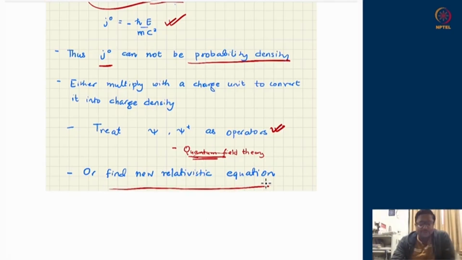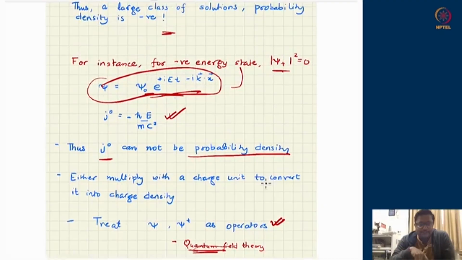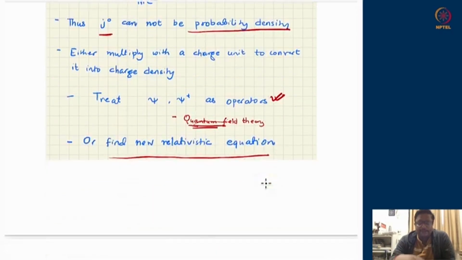So the problem, as we saw, came about from the negative sign of E, and the negative sign of E was coming precisely because E square was something else, which was coming from the double derivative structure of del t. That gave me an E square kind of equation. If we have a single derivative equation, probably then we will be safe and we will get a correct probability density and other things. That is the domain of the Dirac equation, which we will do in the next class.